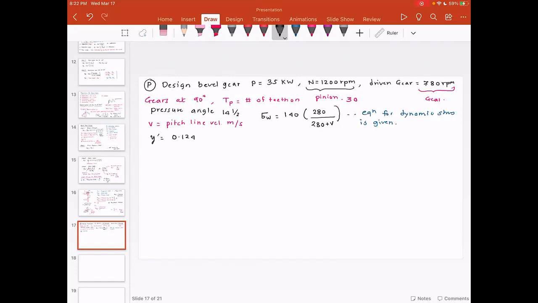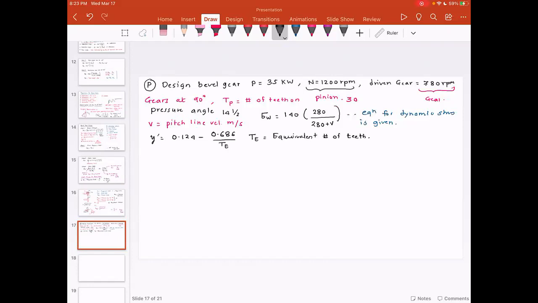0.124 minus 0.686 divided by TE, where TE is the equivalent number of teeth.